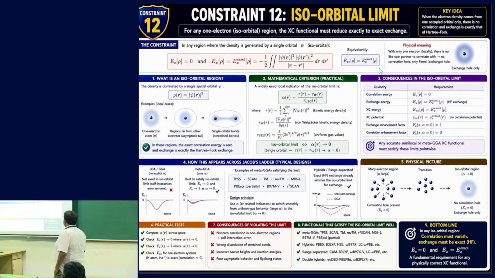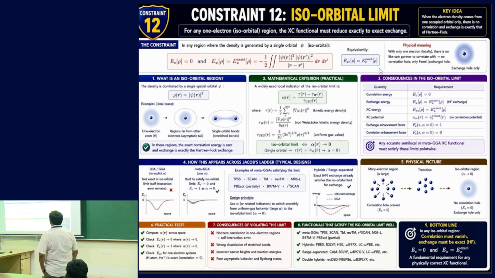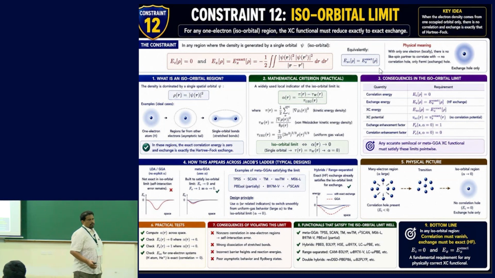So there is this parameter. Yesterday we were discussing alpha, which is T minus TW by T uniform. This will always be 0 for iso-orbital. If there is some violation of this iso-orbital parameter, then there is a problem.